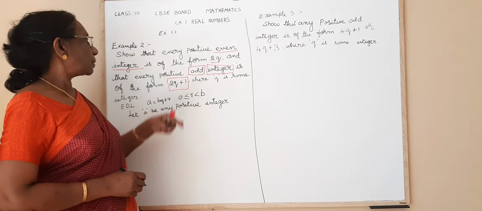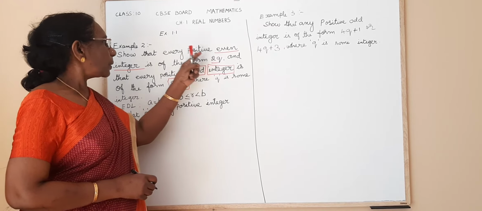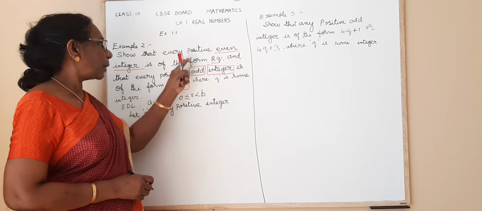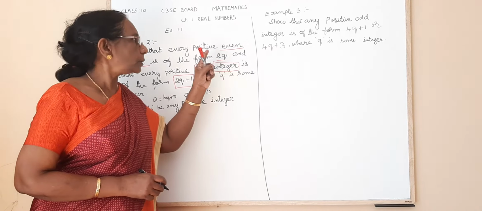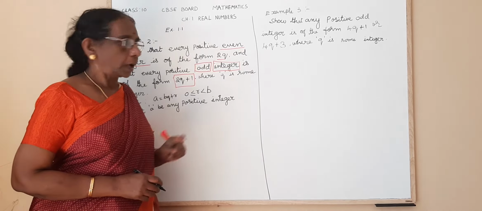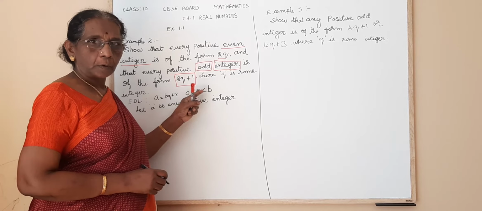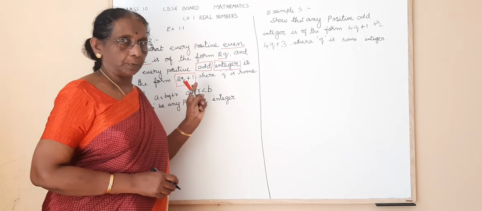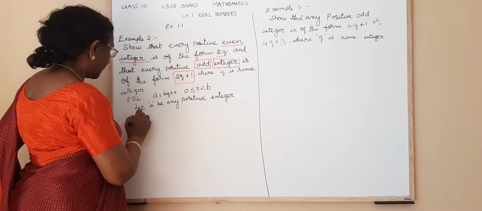What is given in the question? We have to prove every positive even integer is of the form 2q. That is BQ. B is what? 2. And an odd integer is of the form 2q plus 1. What is B here again? 2. So you select B from this: B will be equal to 2.